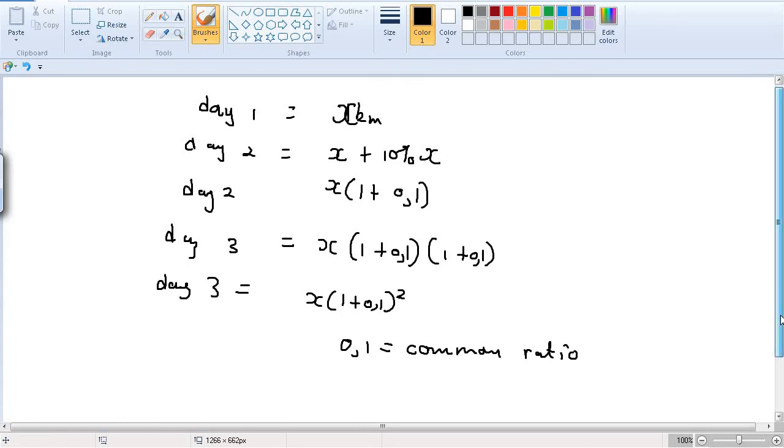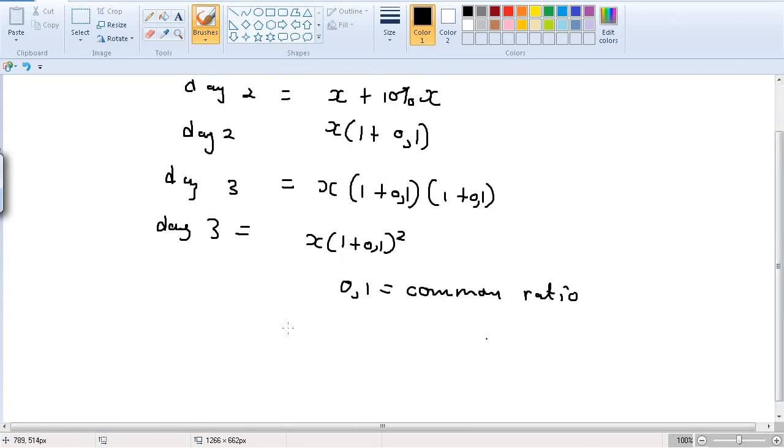Now, since day 3 is x(1 + 0.1) to the power 2, on day 21 it will be x(1 + 0.1) to the power 20.